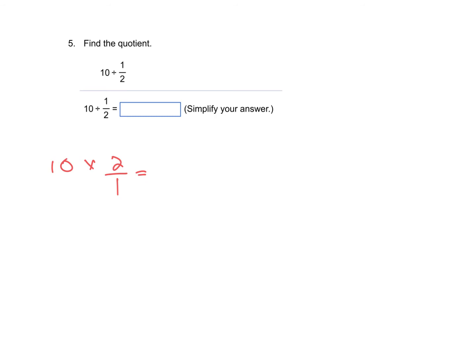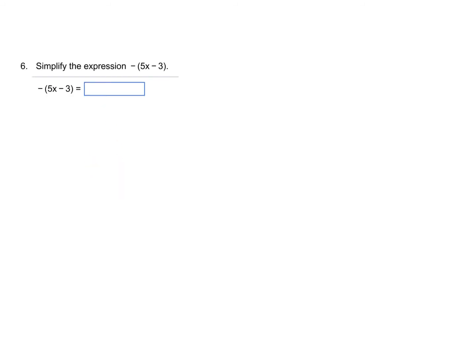And so what is 10 times 2? It is 20. That's how you do it. You need to turn this division problem into a multiplication problem. If you got 5 because you took half of 10, that's not how, that's if it was multiplication. You need to turn it into multiplication first. Stay, switch, flip.